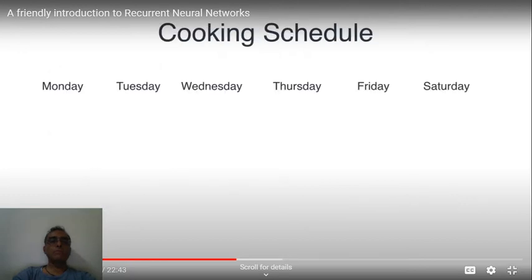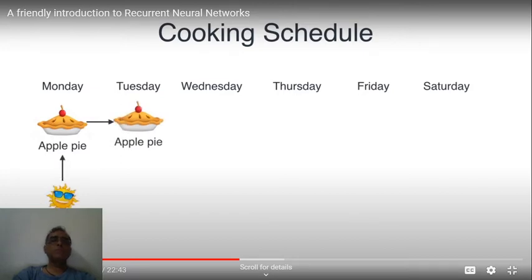So here's an example. Let's say on Monday it's an apple pie. And so on Tuesday we check the weather and it's sunny. And if it's sunny, then he doesn't cook anything new, so we get an apple pie. I hope it's not a confusion that I put the sunny weather for Tuesday under Monday. Yes, just for diagram purposes. So on Wednesday he checks the weather. If it's rainy, then he stays home and makes something different.